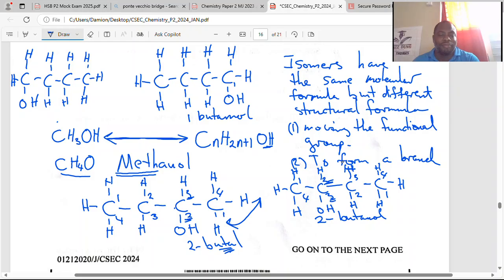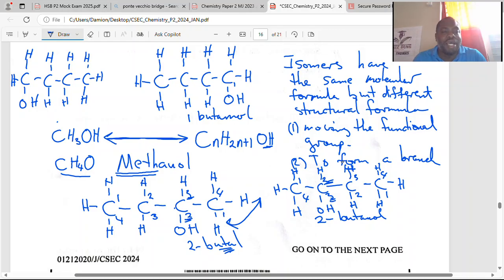Sir, is it no? It's not. Go again. Because, sir, when you count from the other way, it'd still be 1-butanol? Wonderful, Miss Samuels. That is it. So you couldn't go in the exam and they ask you to draw an isomer and you draw this and say, oh, this is now 4-butanol.